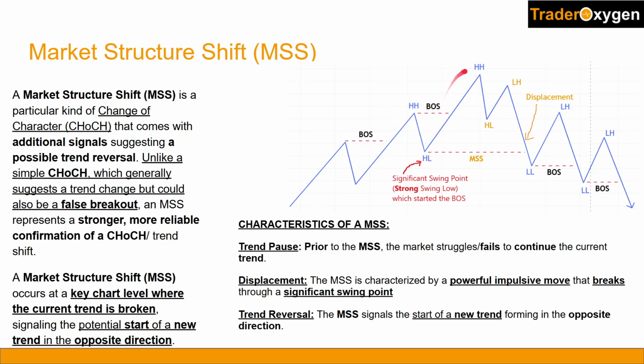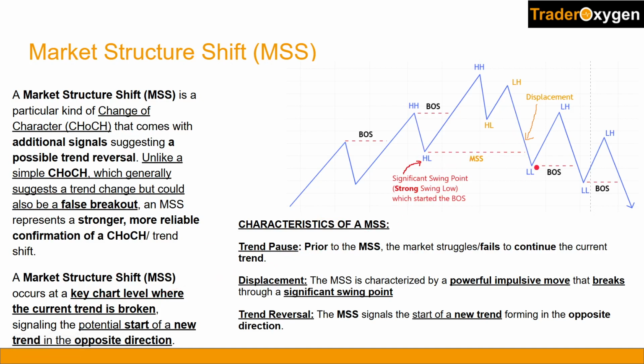So in uptrend, usually you expect it to continue up after making this higher low, you expect the price to go up because it's an uptrend. However, what has happened is instead of going up, the price has come down, significantly down, breaking this significant swing low.